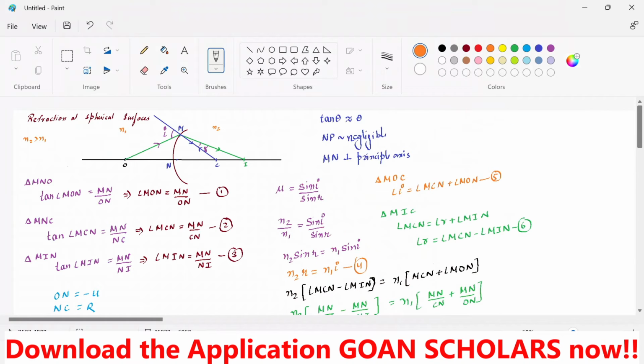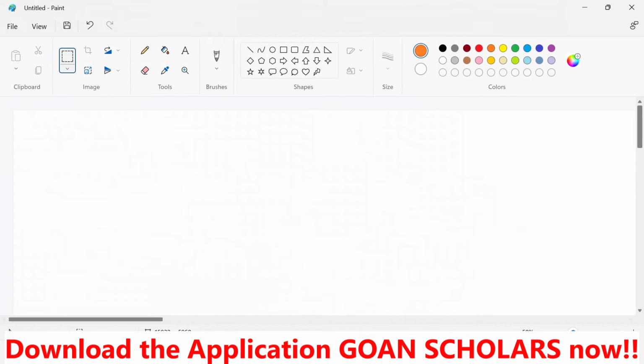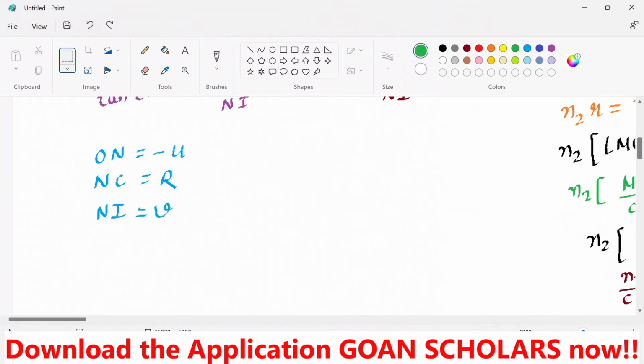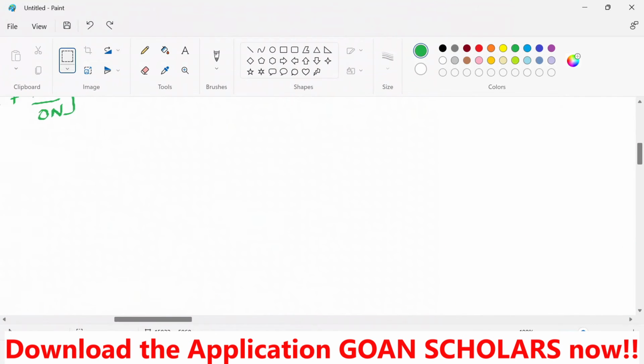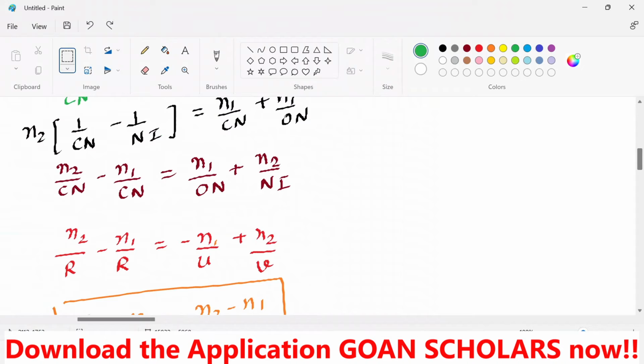I hope this is clear. So let me remove this and let's go to our lens maker's formula. Before we go to the lens maker's formula, what do we have to remember? Let me go back and show you the last expression. We will require this expression here. Which one? This one.